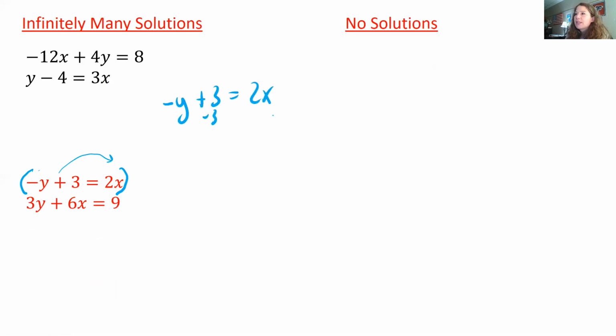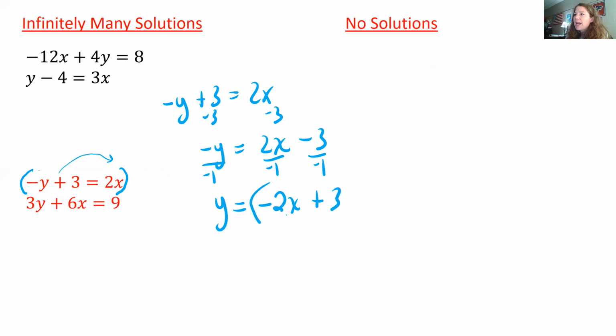So I'm going to get rid of the 3 by subtracting 3. 2x minus 3, and then it's not y equals, it's -y. So I have to divide every single term by -1. So a negative divided by negative is positive. Positive 2 divided by -1 is -2, and -3 divided by -1 is +3. So I have solved for y.